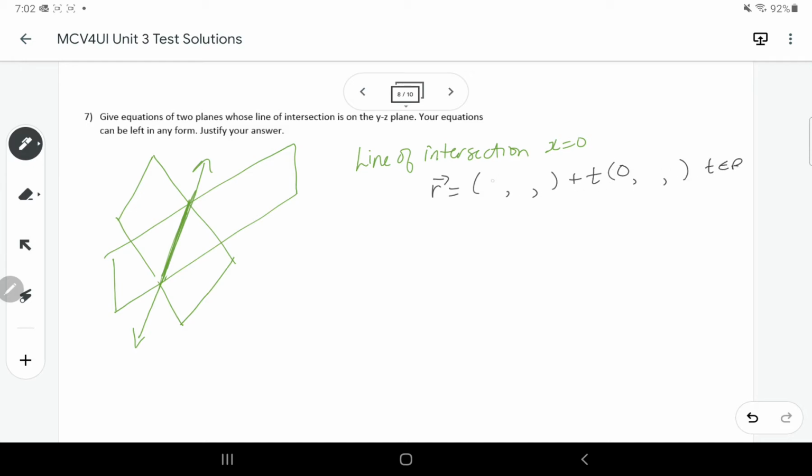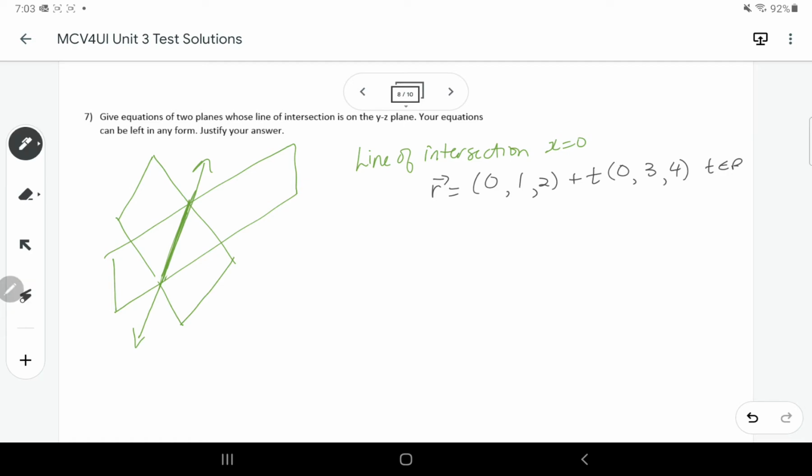The only thing I have to have is a 0 in the x component of each. The y and z components of both the position and direction vectors can be anything you want, like 1, 2, 3, 4. It doesn't matter. It can be any point on that YZ plane, and then any direction vector that keeps that line on your YZ plane.